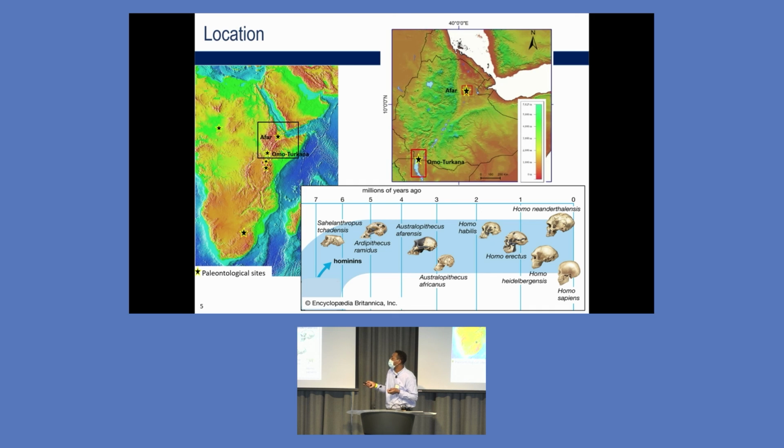And also, for example, in Chad, what we have found, the oldest hominid fossil is Sahelanthropus, around 7 to 6 million years old. So if our starting point is this species, it has to go from this place to this place. So there is definitely a migration, there is definitely a movement in this area.